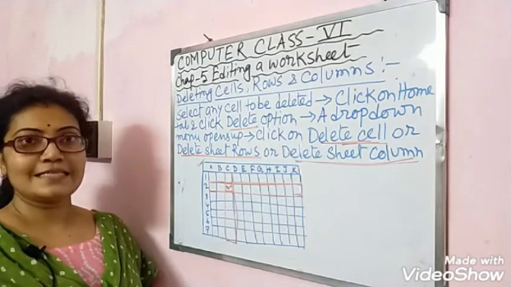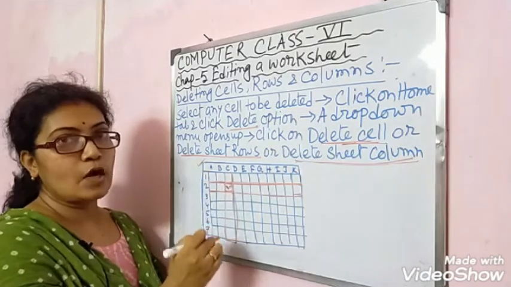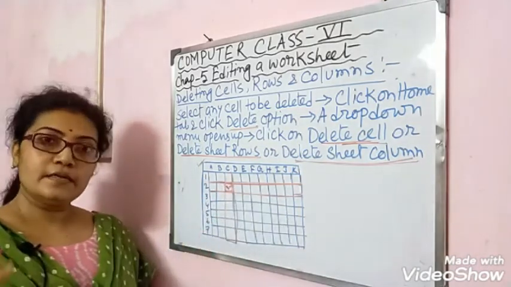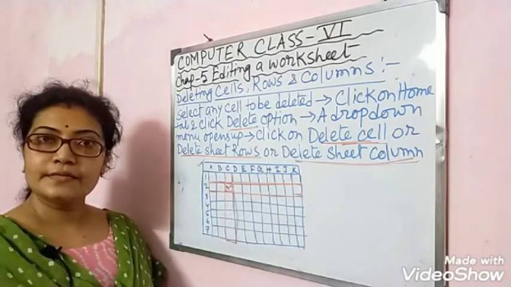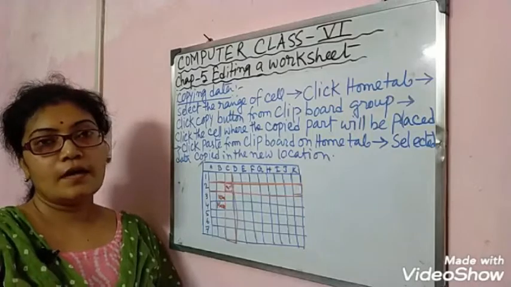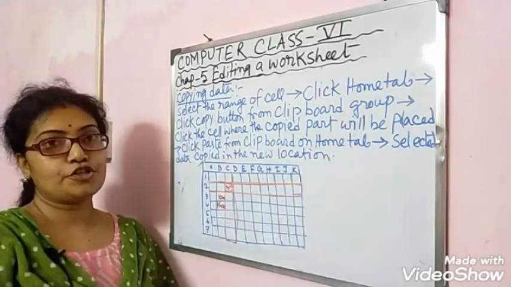Then we can see the selected cell, column or row will be removed from the worksheet. Understand?